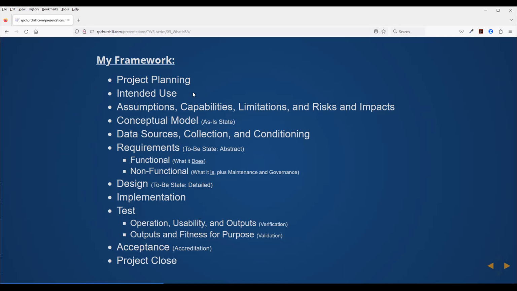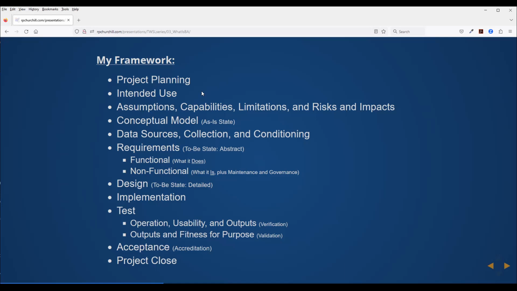The intended use is what you're trying to do the improvement for, or the change, or build a new thing. So it's why you're doing the work. The assumptions and capabilities and so on are listed here early on, but they're really embedded in the process all the way through.